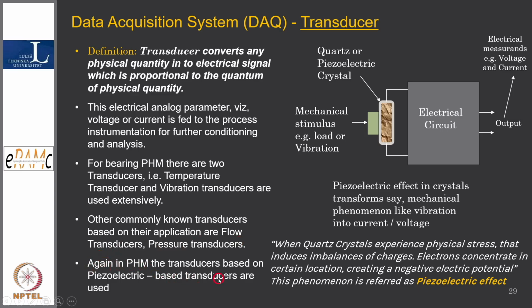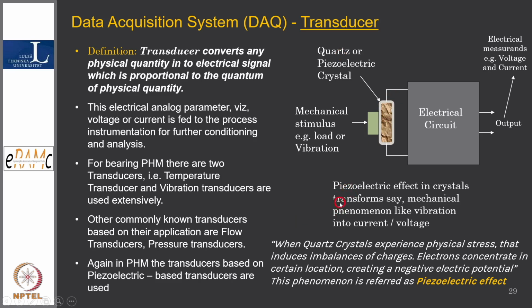Again, in PHM, transducers based on piezoelectric are used. So the construction features we have explained. Now, the piezoelectric effect is a crystal transformation, and what translates it into current is called the piezoelectric effect.